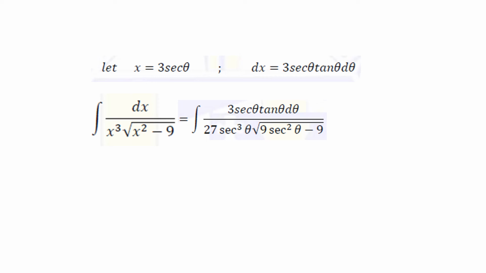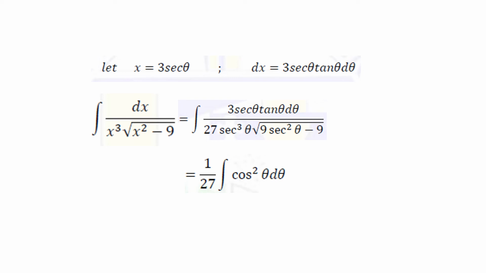If we simplify this using the trigonometric identities, it gives us this simplified form, which is 1 over 27 times the integral of cosine squared theta d theta. This can be integrated using trigonometric transformation, wherein the exponent of cosine is even.